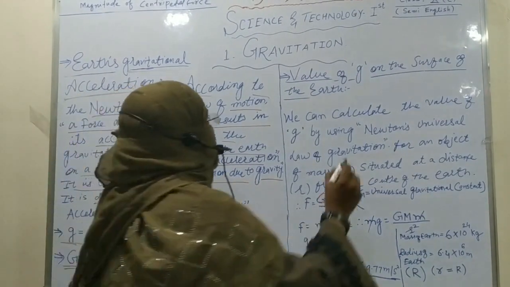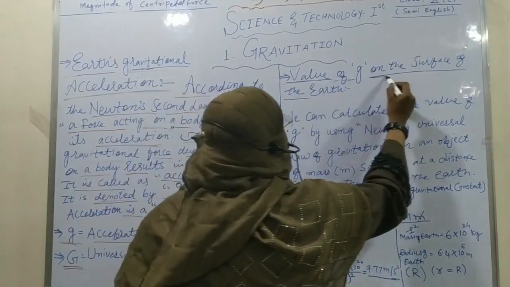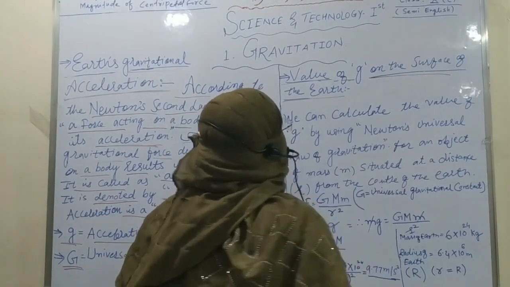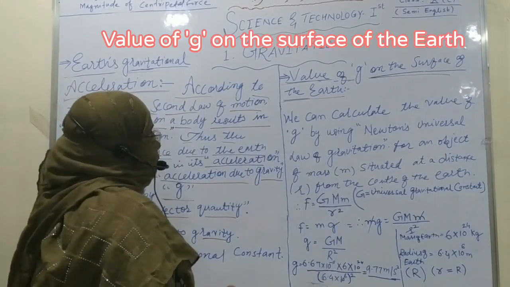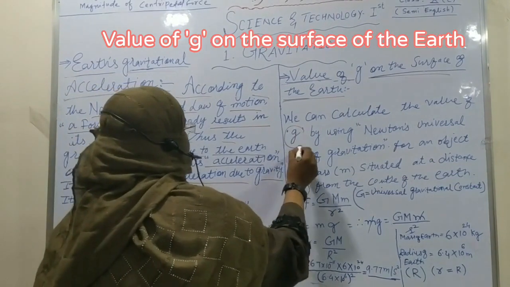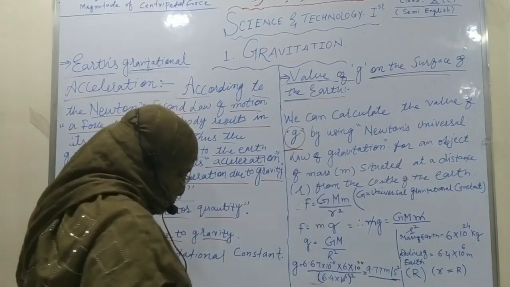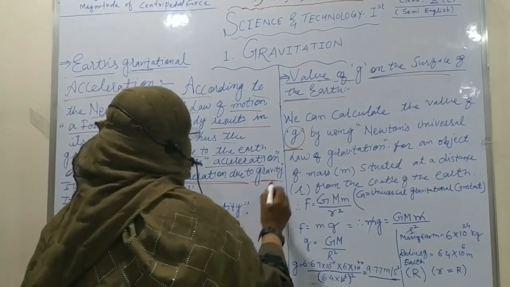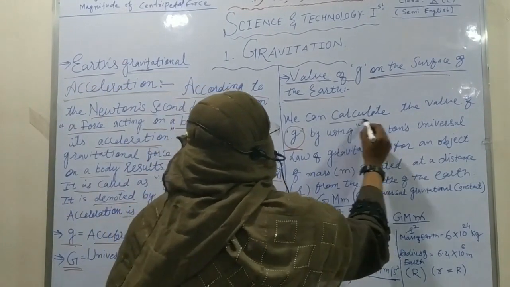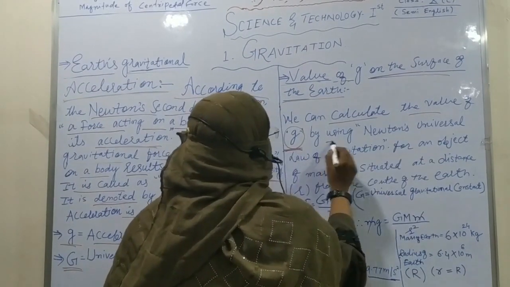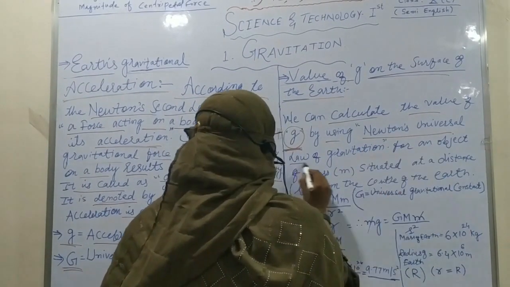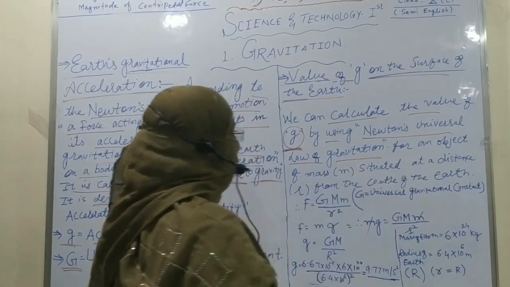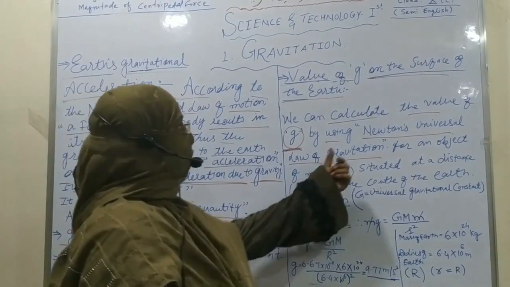So our next topic is the value of g on the surface of the earth. We have to calculate the value of small g, the acceleration due to gravity. We can calculate the value of small g by using Newton's universal law of gravitation, which we have studied earlier.